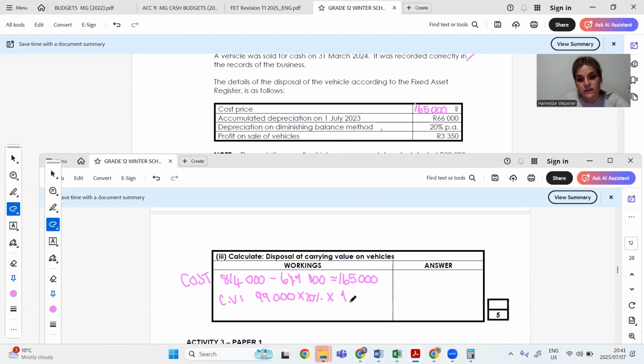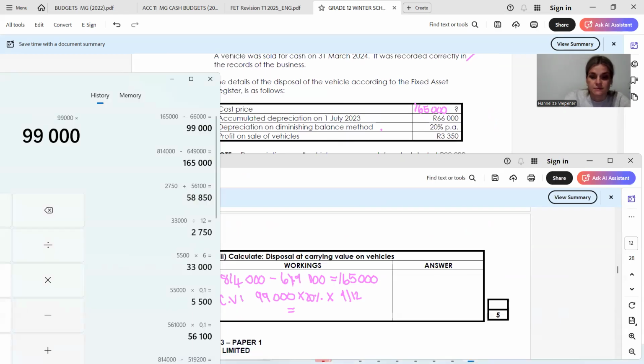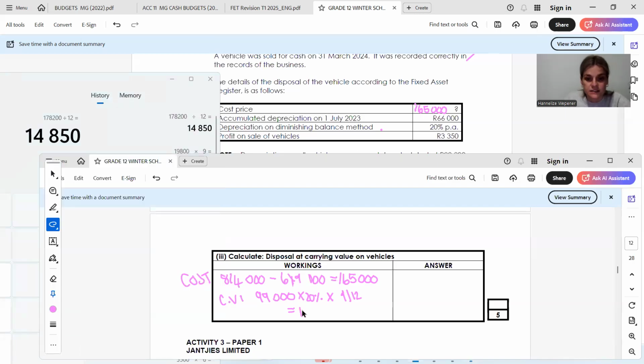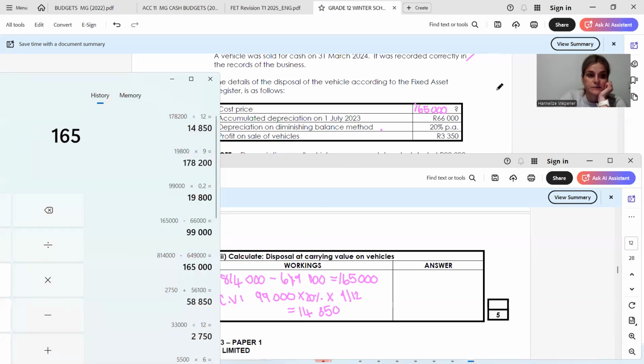So times 9 over 12. So in other words, the depreciation that I must still record for the disposal is 14,850.